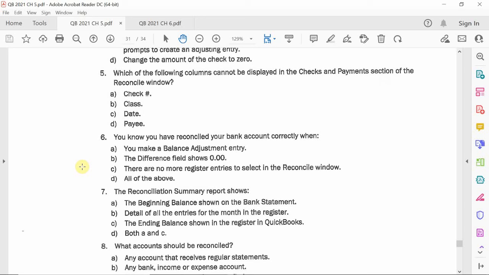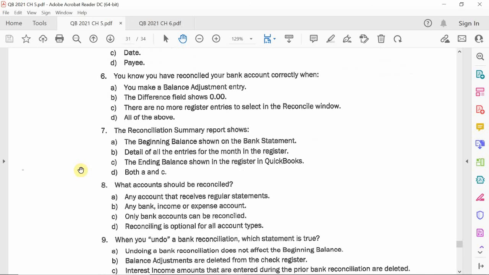When the difference field shows 0. Correct. Number 7. The reconciliation summary report shows what? D. D, right? Both A and C.